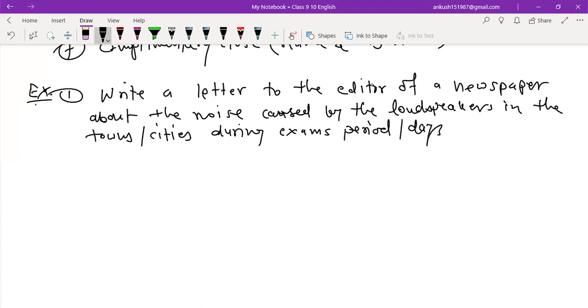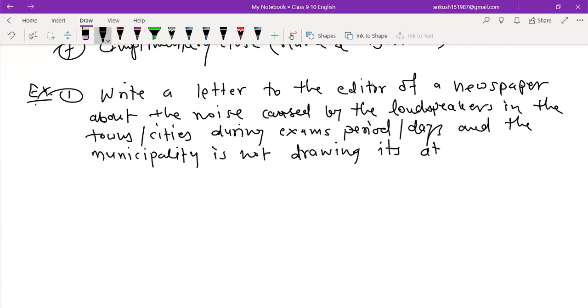And the authorities or the municipality is not drawing its attention towards this problem as well.